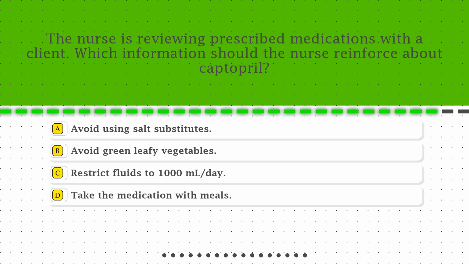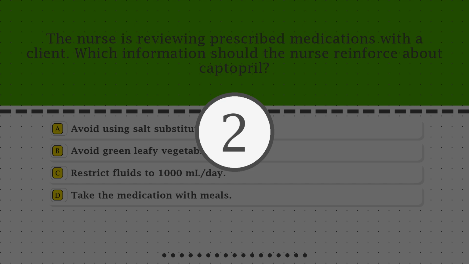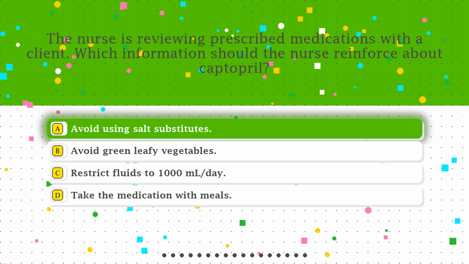Question 7. The nurse is reviewing prescribed medications with a client. Which information should the nurse reinforce about captopril? Option A. Avoid using salt substitutes. Option B. Avoid green leafy vegetables. Option C. Restrict fluids to 1000 ml/day. Option D. Take the medication with meals. The correct answer is option A. Avoid using salt substitutes.